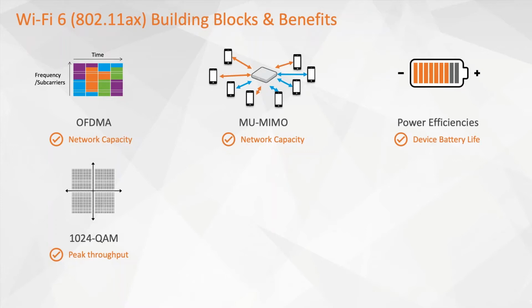And QAM is the amount of data you can send per radio wave. In a previous generation, we had 256 QAM. We now have 1024 QAM, which doesn't translate into, I used to be able to send 256 bits, and now I can send 1024 bits. It's combinations of bits, but ultimately, it's a 25% increase in overall speed.